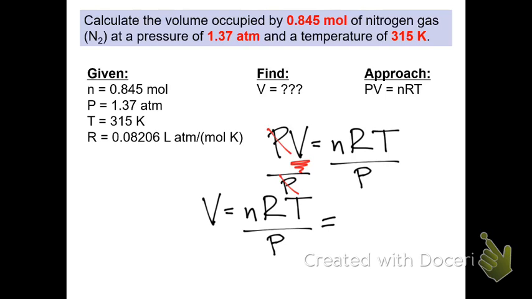So we have the number of moles, which is 0.845. And you multiply this by the ideal gas constant, which is 0.08206.